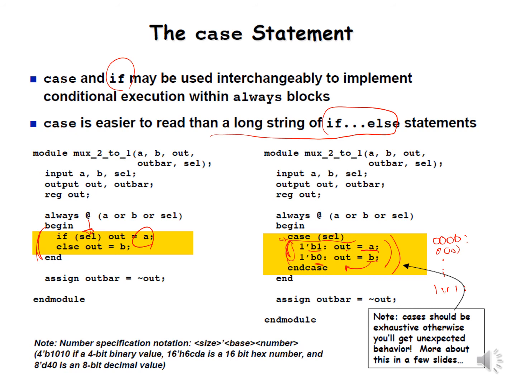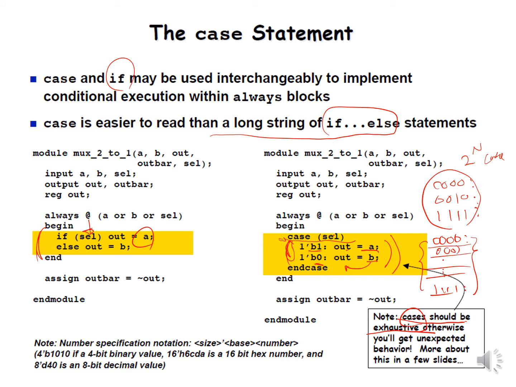But the one thing you must understand is that when you specify the case statement, the cases should be exhaustive, meaning you should not miss any cases. You have to describe all the cases. For example, you described only the 0000 case, 0010 and 1111 cases. There are 2 to the power of n cases, but you only specified 3 cases.